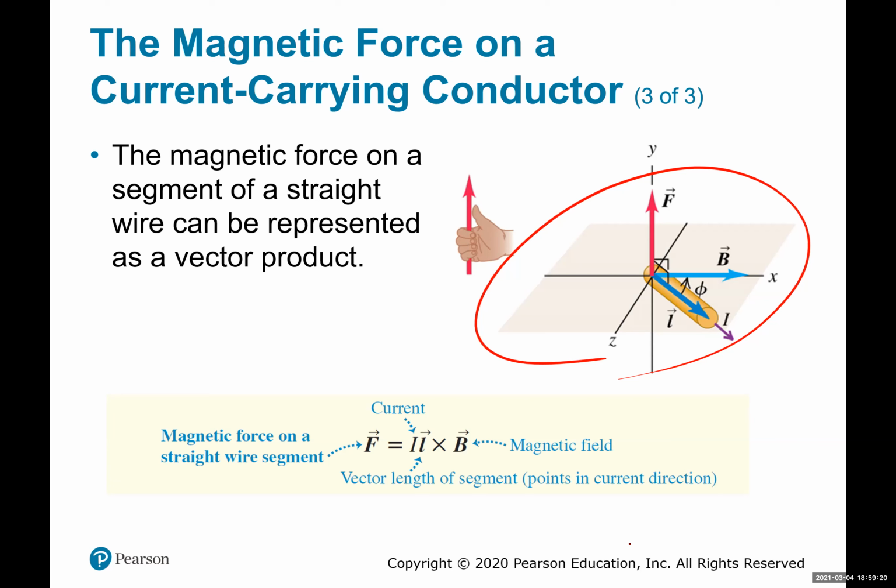If we're thinking about positive charge carriers, then the current flows in a particular direction through the wire, and so we orient our fingers in that direction. If we're thinking about negative charge carriers, the current actually flows the other way, and we would orient our fingers the other way. And that gets us the minus sign, the difference between positive and negative charge. So this expression works whether we're imagining positive or negative charge carriers for the current. L is in the direction of the current, which is determined by whether we're talking about positive or negative charge carriers. So this is going to be true regardless.